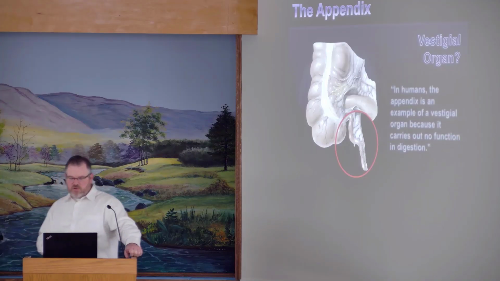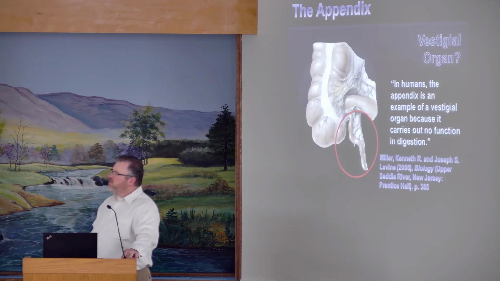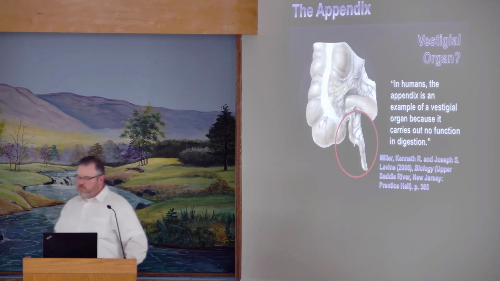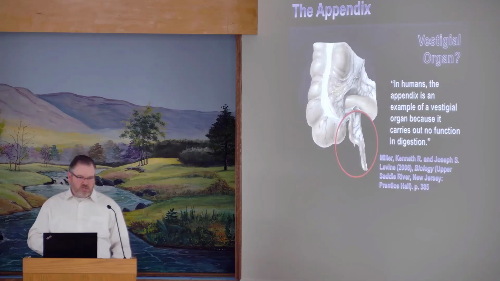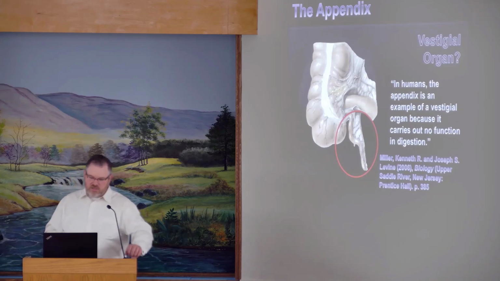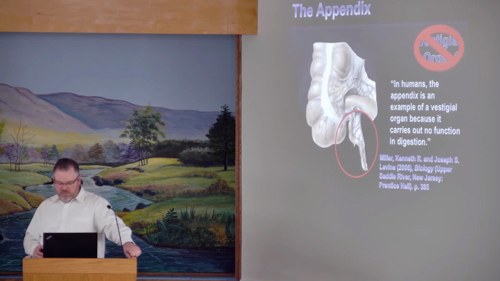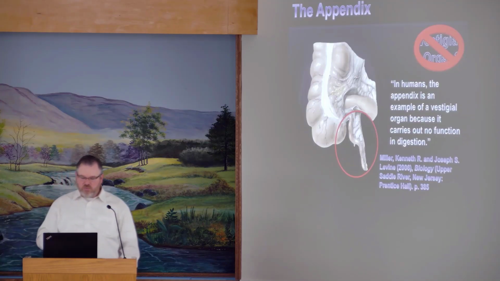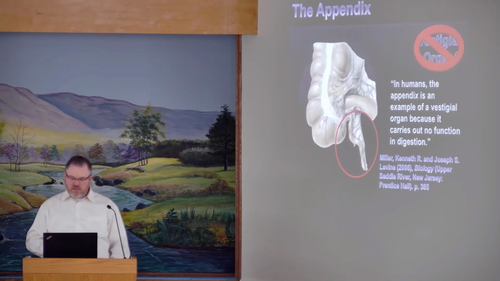One textbook said in humans the appendix is an example of a vestigial organ because it carries out no function in digestion. And as usual, the textbook writers either failed to get the memo or they ignored it, because now scientists know that the appendix is an important element of the immune system, especially in children. Lymphoid tissue is in the appendix, which produces white blood cells that fight disease and infection, especially when we're younger.